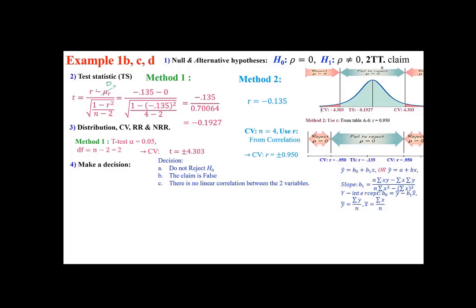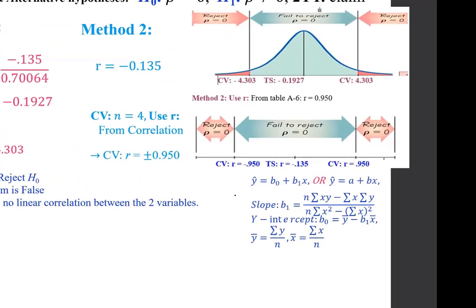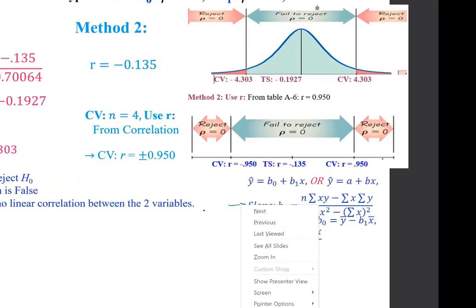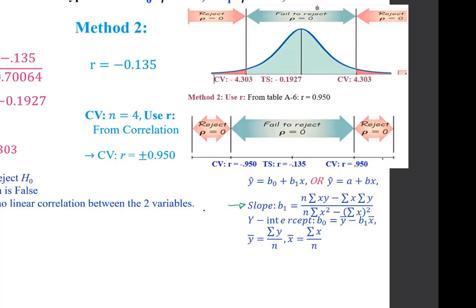If you look at the formula on the right side, okay, take a look. Y hat equals b sub 0 plus b1x, or a plus bx, however that you want to put that. So let's look at the formula for the slope. b1 is n times summation of xy.